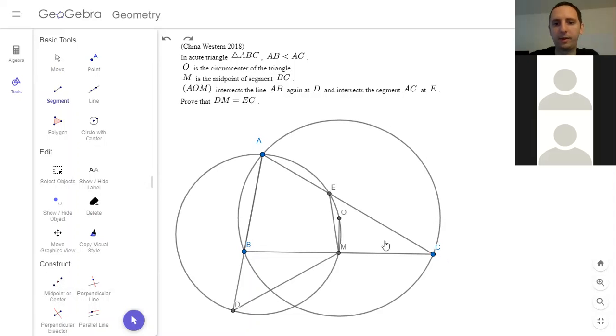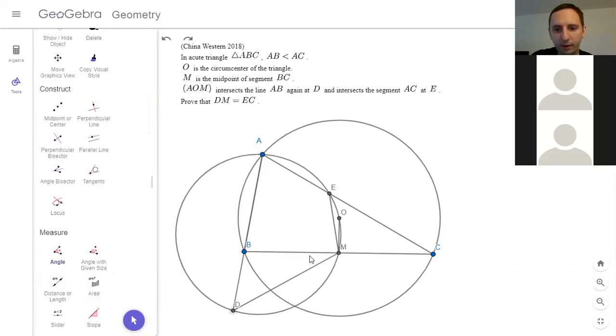Is it obvious that angle ABC is angle EMB? Are you sure those are congruent? Wait, I thought I just saw they were, but this angle 30.2, 30.2, yeah, they're congruent.